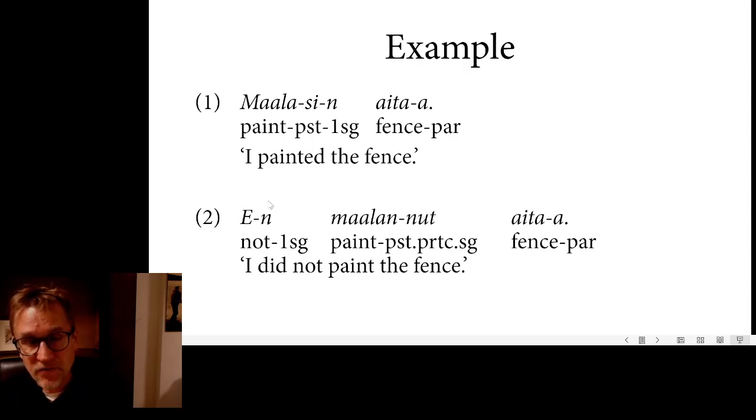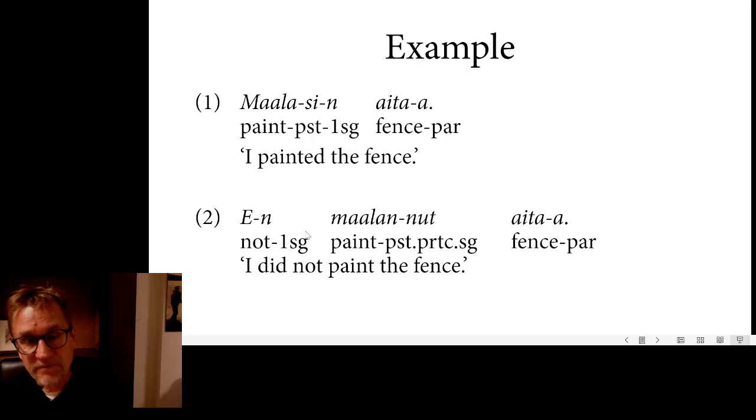You can see that now it's the first element in the sentence, and then the first person agreement is suffixed to the negation. It is a little bit like an auxiliary verb, but the negation is not really a verb because there is no tense and no underlying event that it would express.